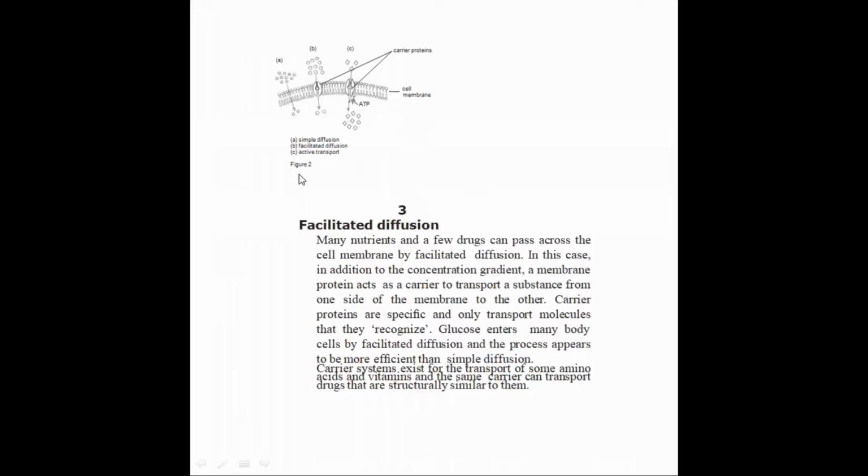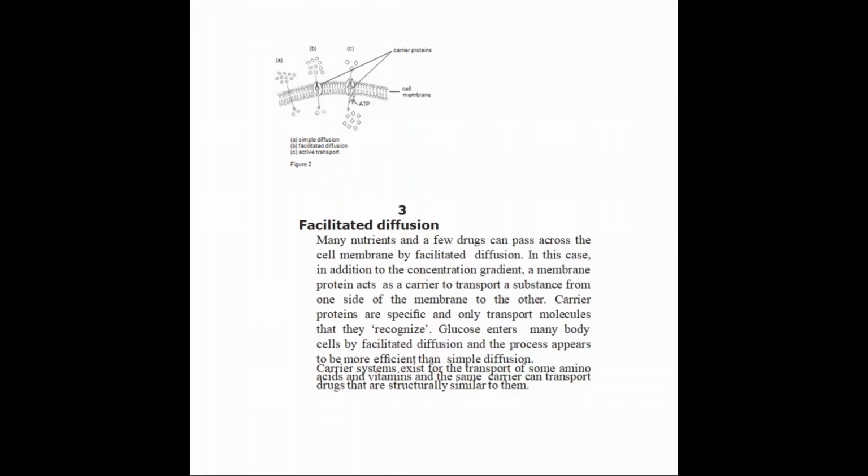In simple diffusion, you don't need a carrier protein. It just goes straight. In facilitated diffusion, you need a carrier protein, but you don't need external energy. So the molecule passes through the carrier protein. The carrier protein helps it pass through, and it goes into the other side.